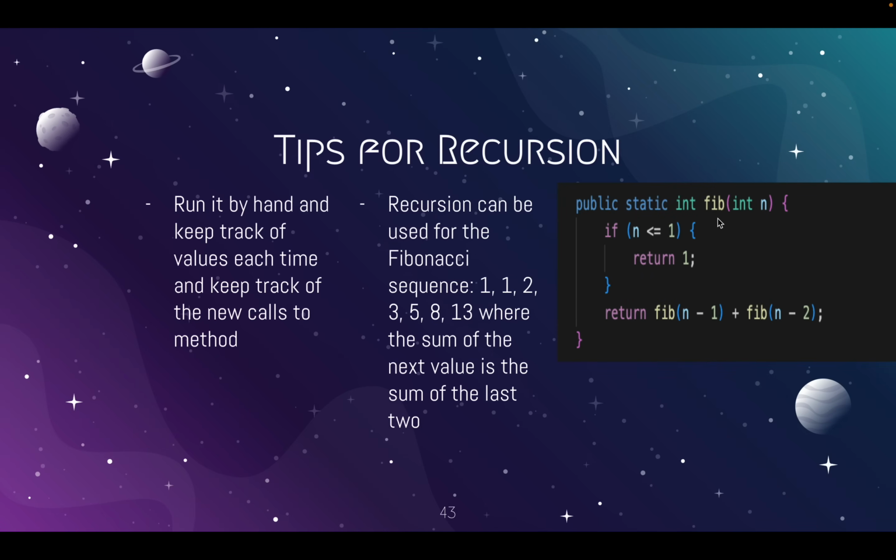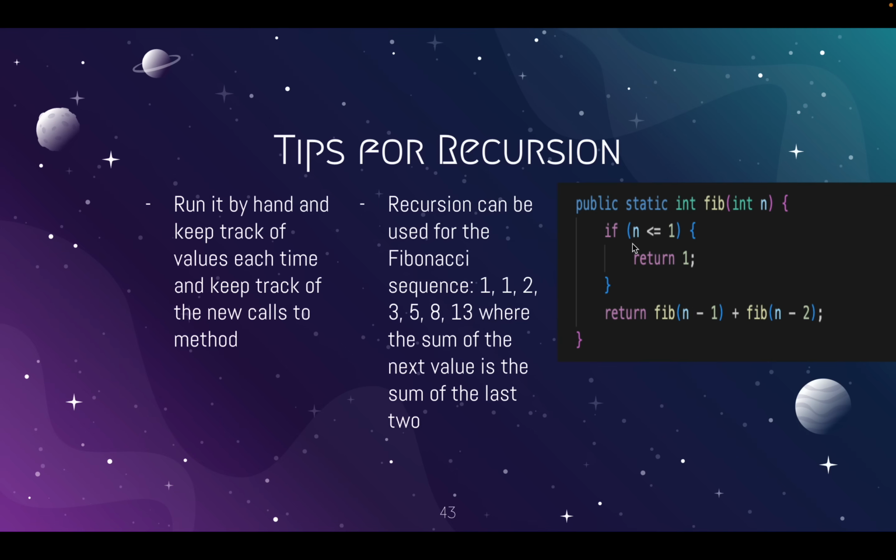If you know the Fibonacci sequence, essentially each value is the sum of the two previous values. So here, this method is taking the value n, whatever n is. If n is 1 or 0, then it just returns 1. If not, it returns fib(n-1) plus fib(n-2).